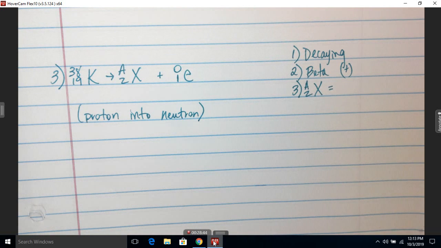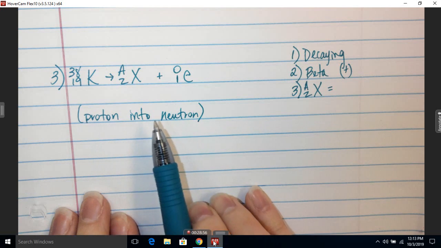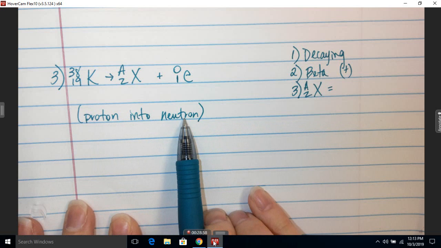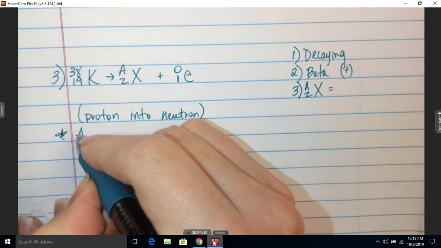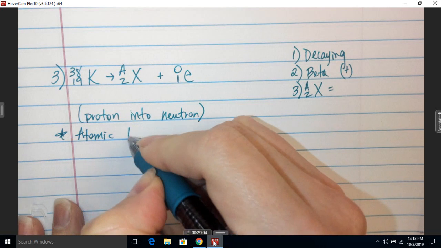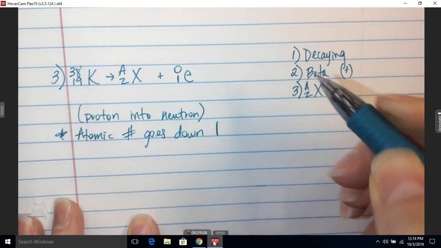Am I adding any extra particle in there? No. So does your mass change? Nope. What's going to change? Your atomic number. My positive is going into no charge. I lost a positive. So what's your atomic number going to do? Go down 1.